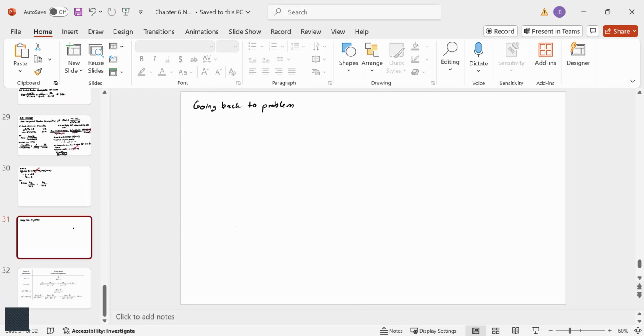So Y of s is equal to (4s plus 31) over (s minus 2)(s plus 9). Doing this whole process, we got 39 over 11 divided by (s minus 2) plus 5 over 11 over (s plus 9).